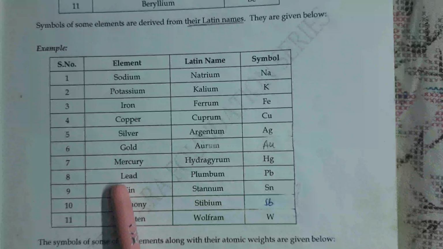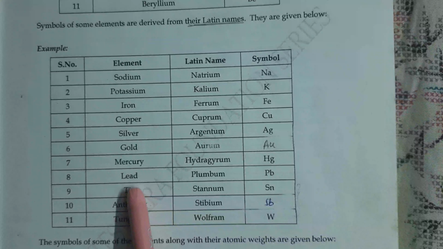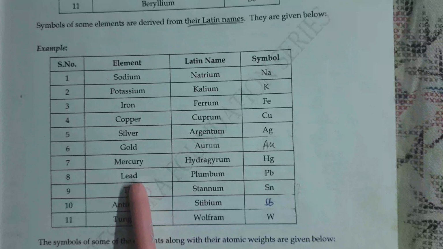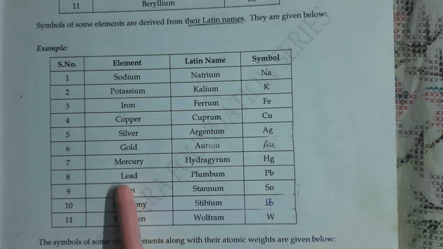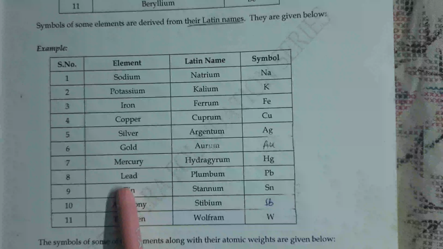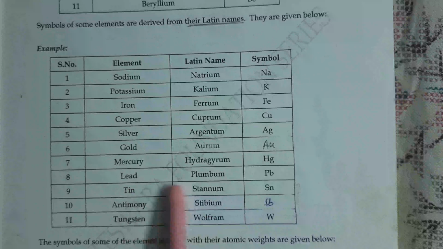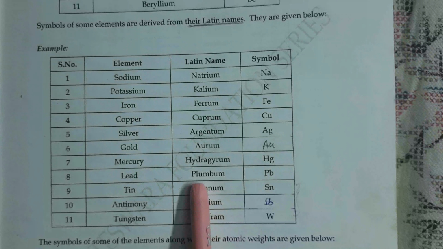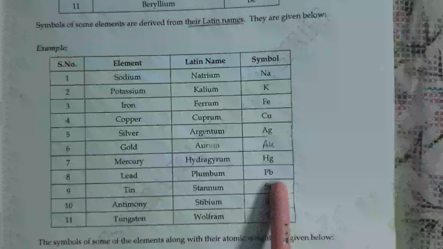Lead, don't read it as lead, like in leading qualities, the pronunciation is different. Here lead is an element. Plumbum, its short notation is Pb.